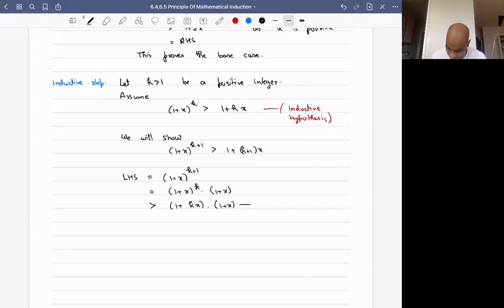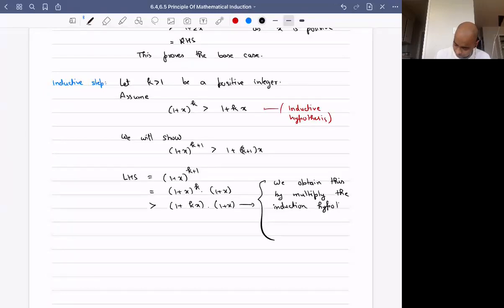In fact, I'm going to write this big. By the induction hypothesis, we obtain this by multiplying both sides of the induction hypothesis by 1 plus x. We're not done yet.